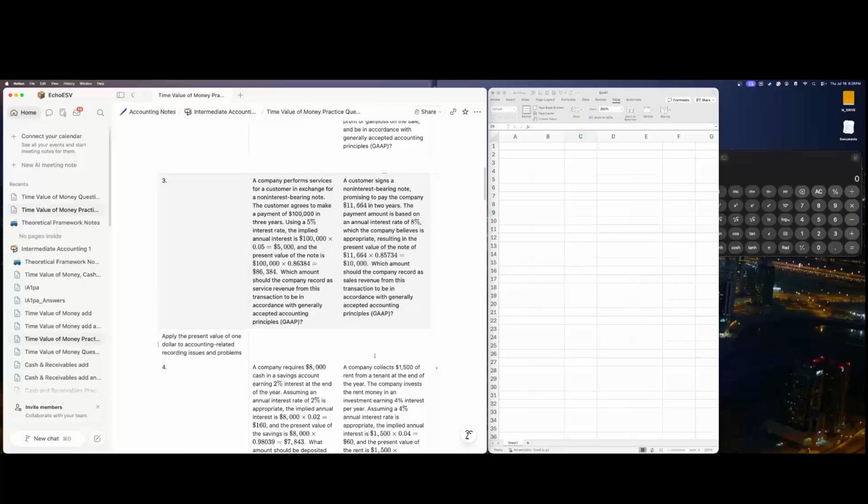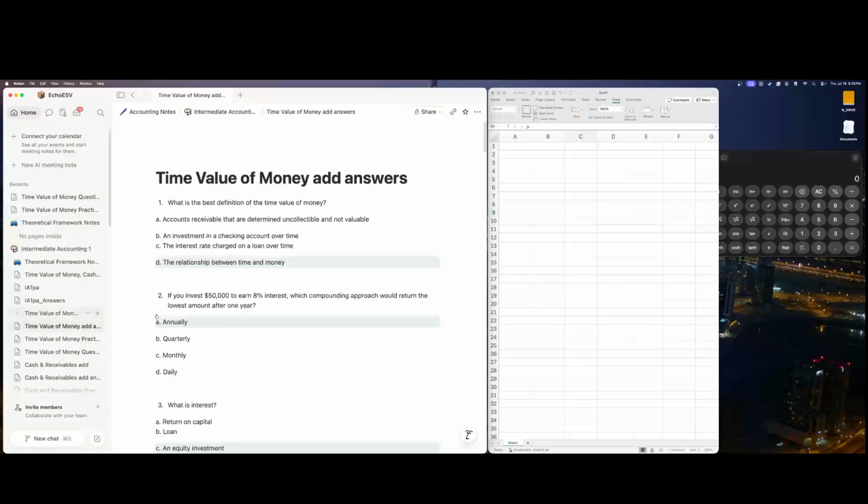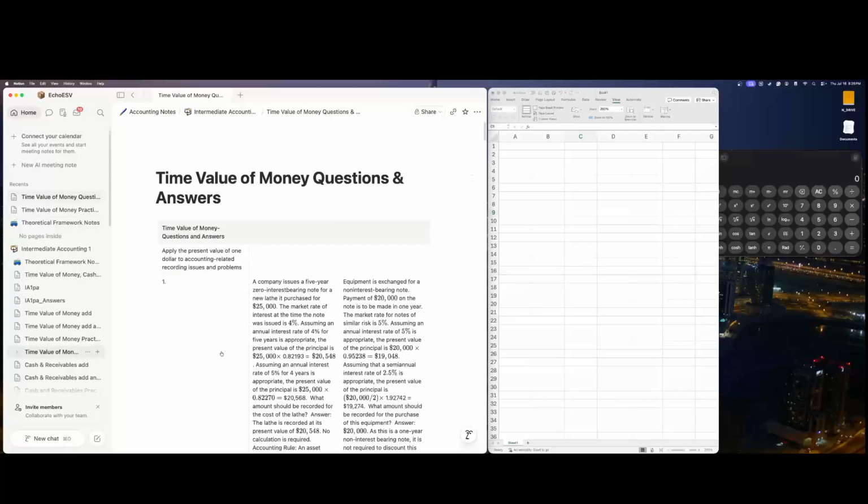So a company performs services for a customer in exchange for a non-interest bearing note, right? So then they make a payment of 100,000 for years using a 5% interest. So if it's non-interest bearing, the amount should be recorded as service revenue. You would record it at the future value of it. So that would be 100,000.